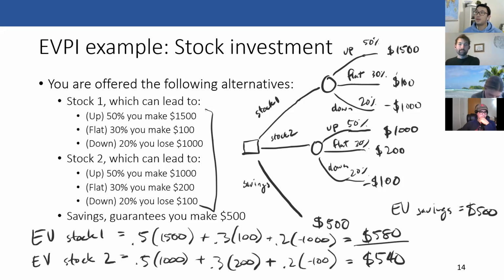However, let's suppose that you have the opportunity to guarantee any one particular outcome. Then the question becomes, how much are you willing to pay for that particular outcome? And that's known as the value of perfect information. So let's take a look here.